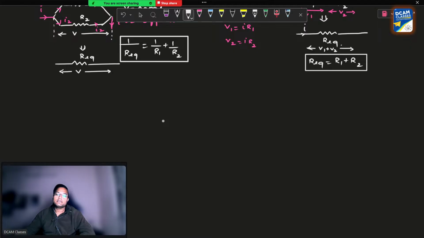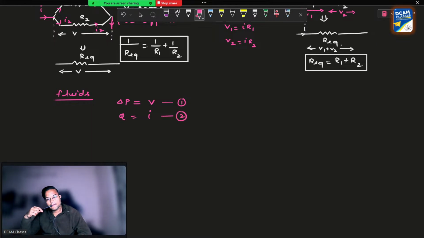Now coming to our fluids. In our fluids, this pressure difference is equivalent to voltage difference V. First thing. And resistance is also there. And this Q, rate of flow, is equated with current I. This similarity, this comparison you need to understand.